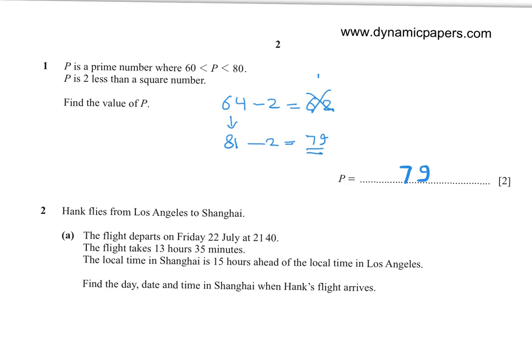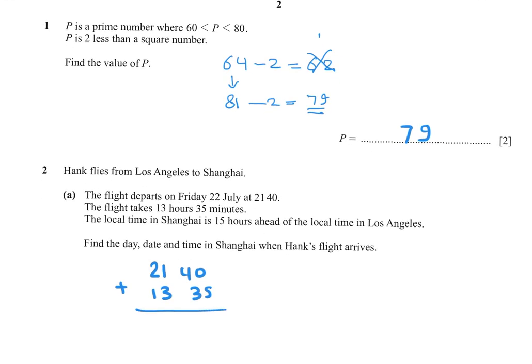The starting time is 21:40 and the flight takes 13 hours 35 minutes, so we add the start time plus the time for the flight. You can use a calculator to add. That gives 35:15.